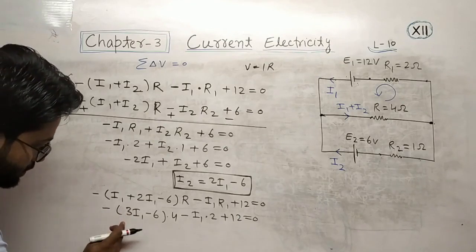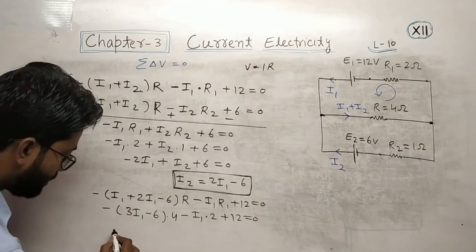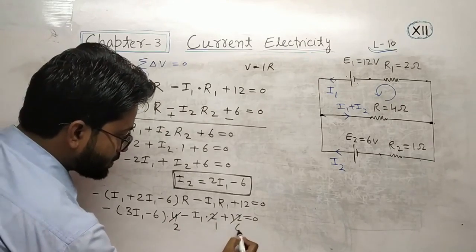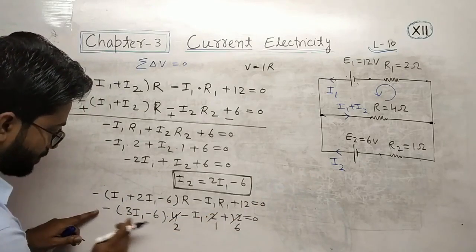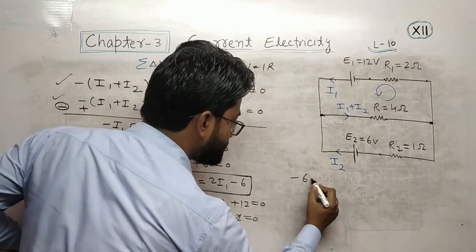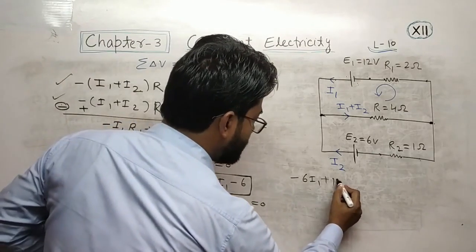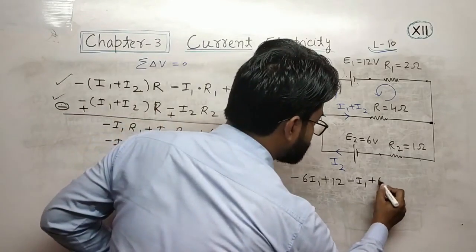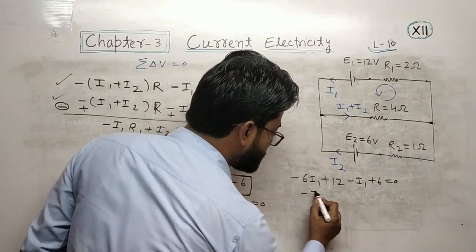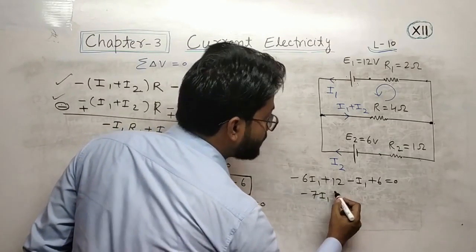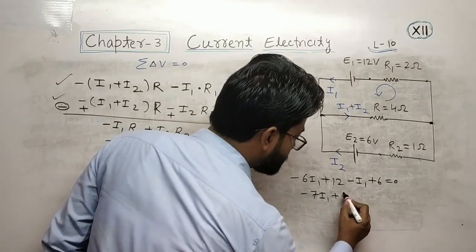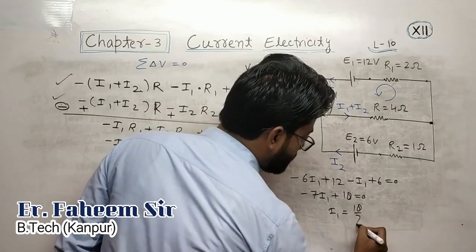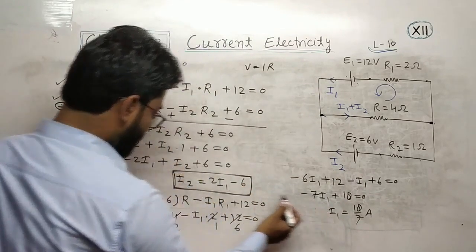And last line, after multiplying minus 4 inside, this will be minus 12 I1 plus 24 minus 2 I1 plus 12 equals 0. So minus 14 I1 plus 36 is equal to 0. I1 is equal to 18 upon 7 ampere.